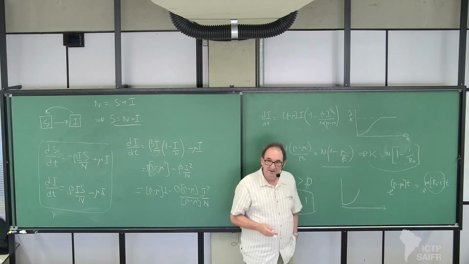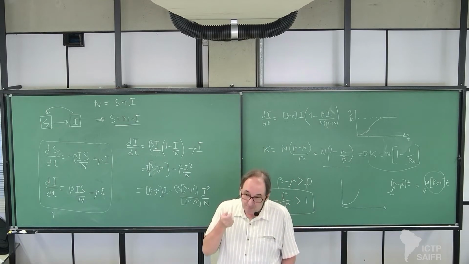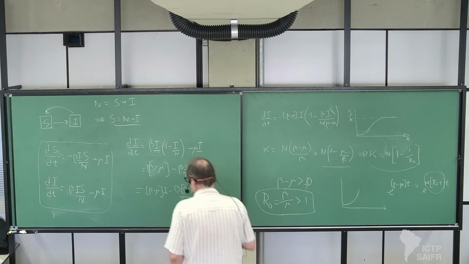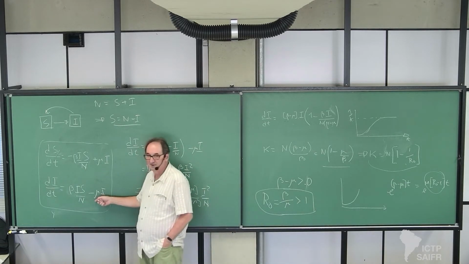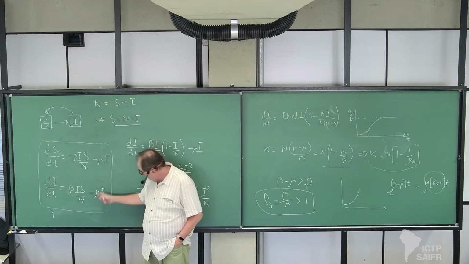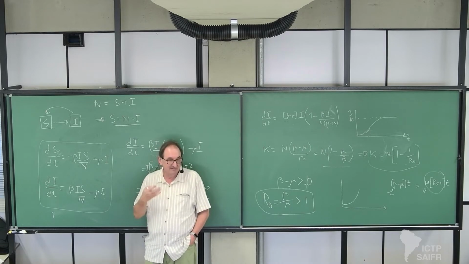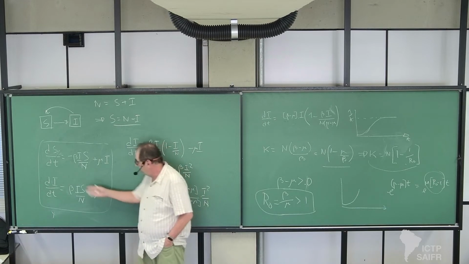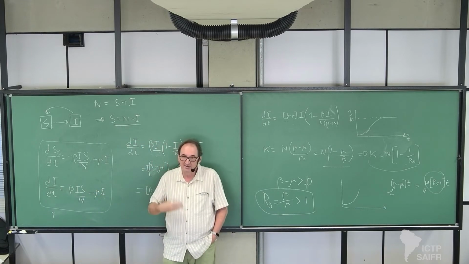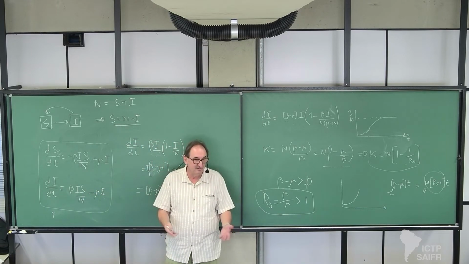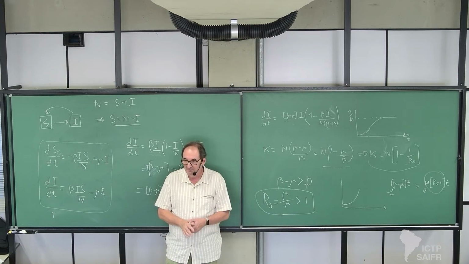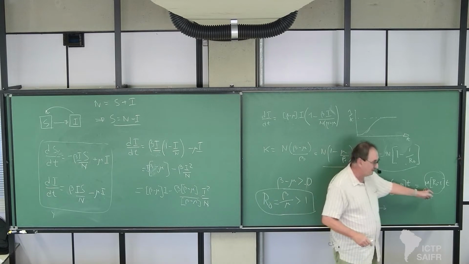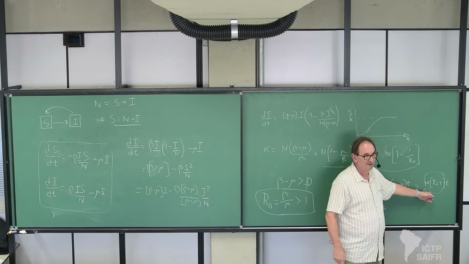So maybe you know mu. 1 over mu is a time, and this is typically the time a person stays in the infected compartment, so this is more or less the duration of the infection. Maybe you know the duration of infection, then you can, from this, get to this.